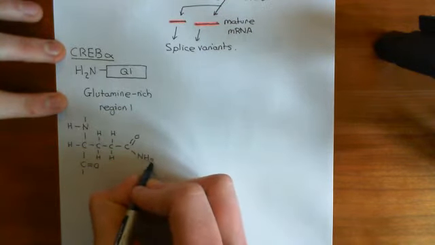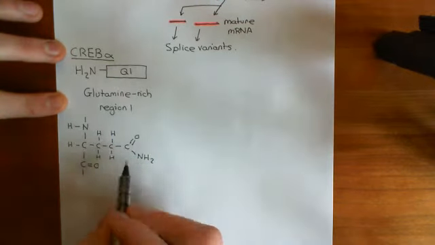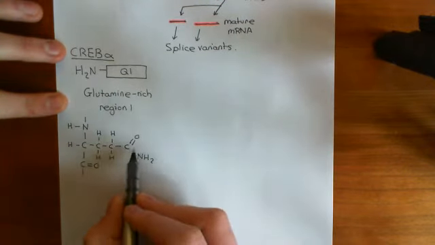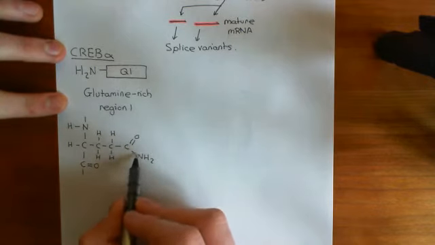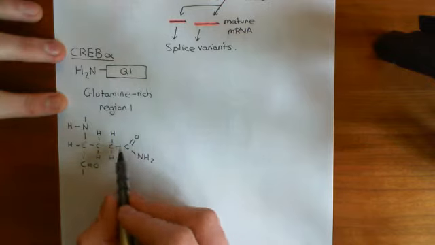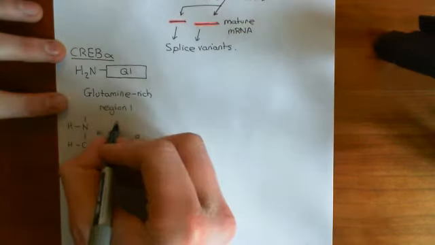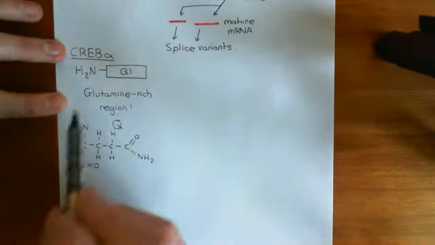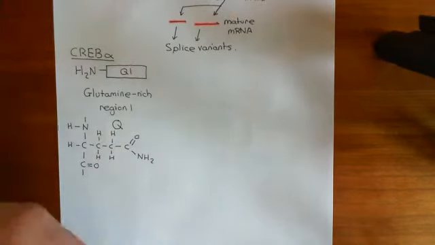So it's like glutamate, in fact, but instead of having the carboxylic acid group here, the carboxylic acid group has been reacted with an ammonia molecule to create glutamine here, the primary amide. Okay, and the single letter code for glutamine is Q, which is why this region is called Q1.